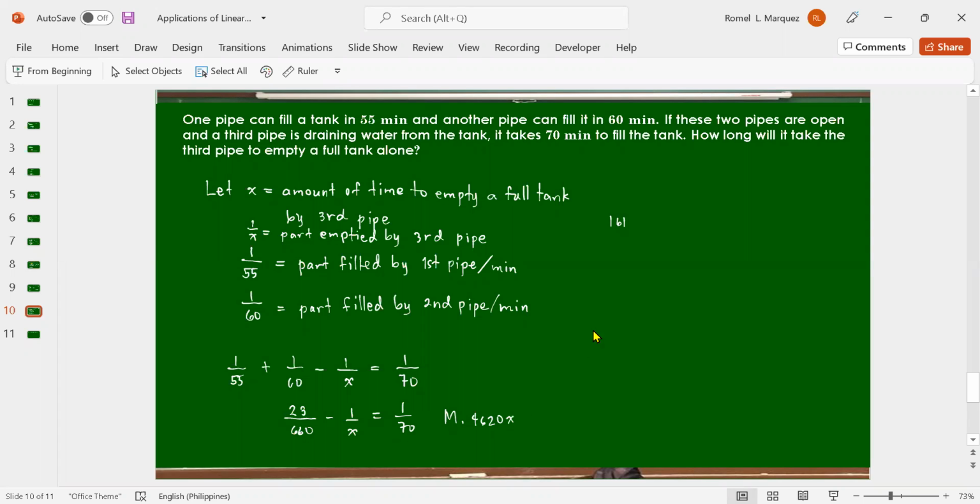If this has x, ito magkaka-x minus 4620 equals 4620 divided by 70, 66. Okay, guys? Then x. So 161 minus 66 equals 95x equals 4620. So what is x, guys? 4620 divided by 95.